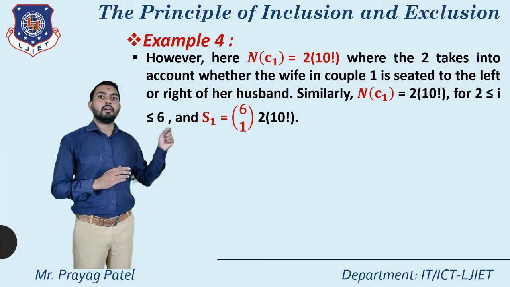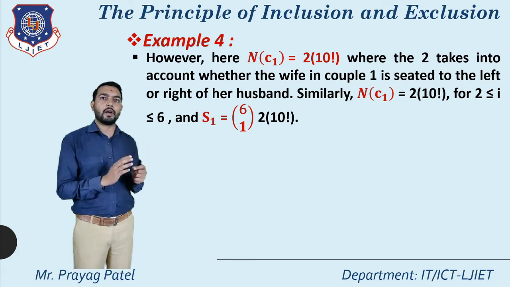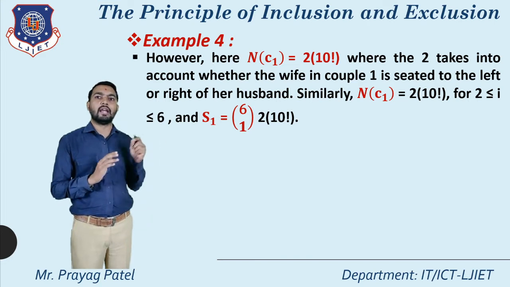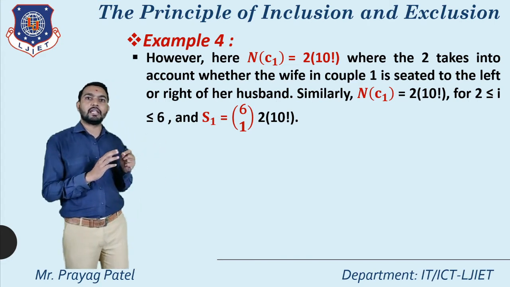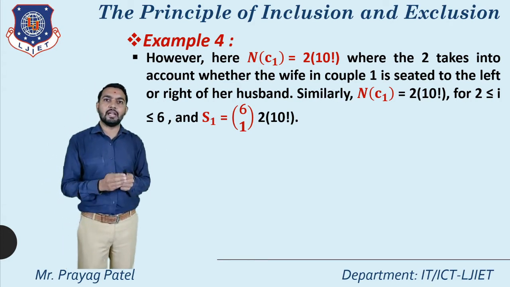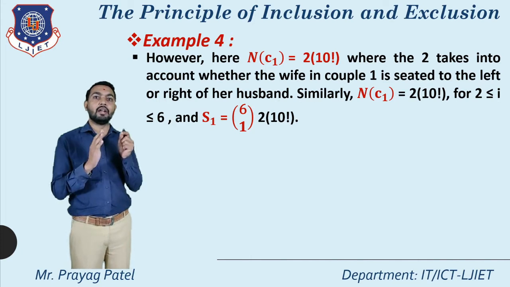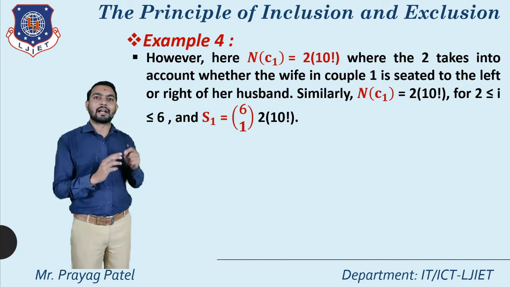Now here the 2 takes into account whether the wife in couple 1 is seated to the left or right of her husband. So here we write 2, because we have to arrange the total 11 groups, 10 as individual persons and 1 as a couple.